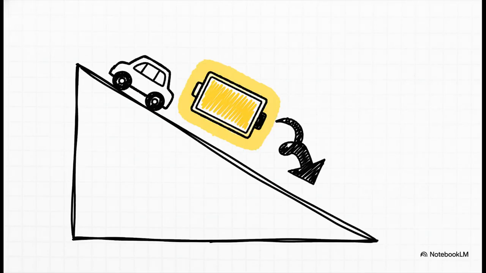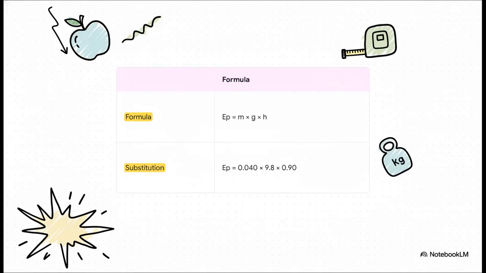So how do we figure out the car's speed down at the bottom of the ramp? Well, first, we have to know how much energy it's starting with. Since it's being held up high, all that energy is stored as gravitational potential energy, or EP for short. The formula for EP is pretty simple. It's just mass times g times height.